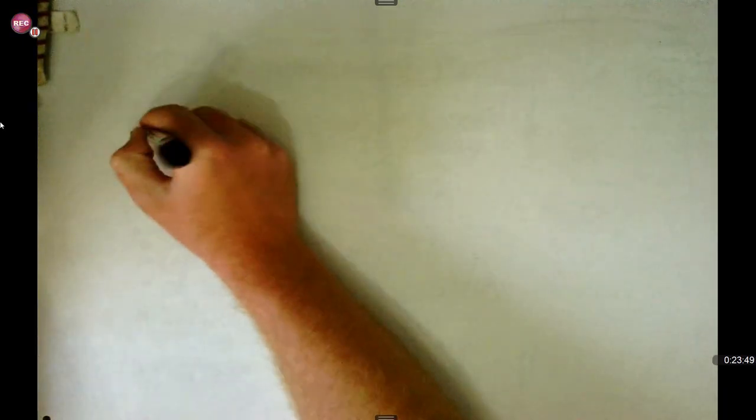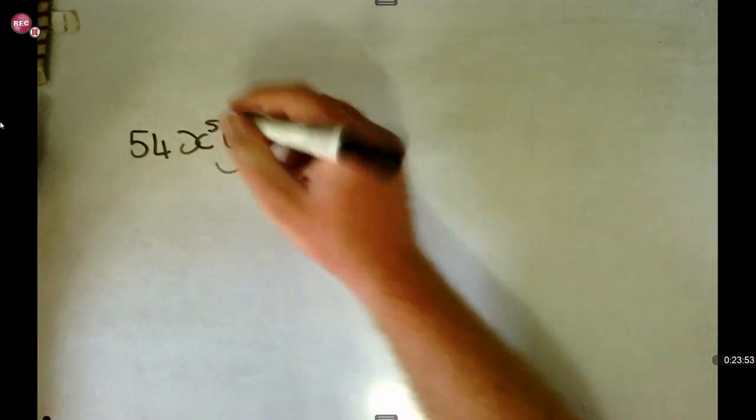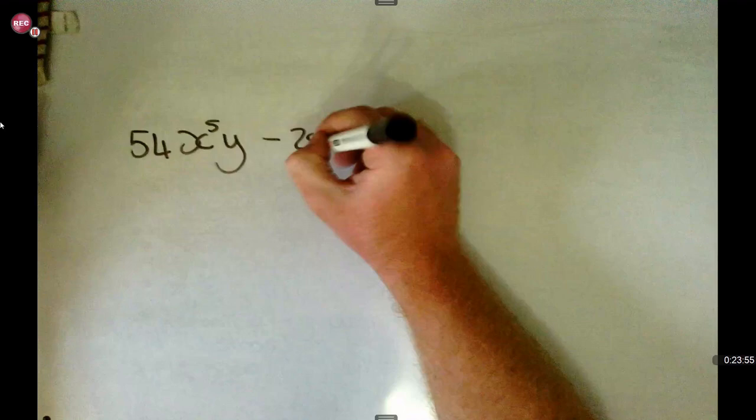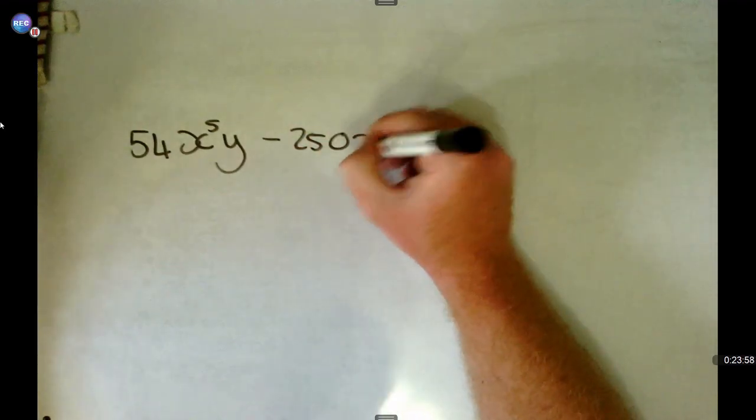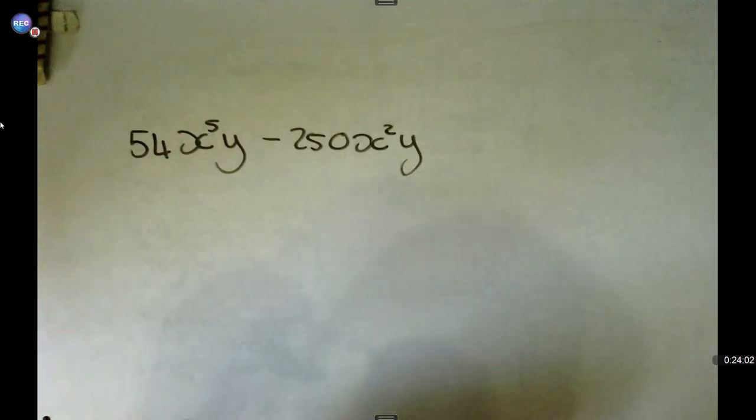So our next question over here looks as follows. So it is 54 x to the power of 5y minus 250 x squared y. So if you look at this question, it's the same as, I think it was the third question that we did.